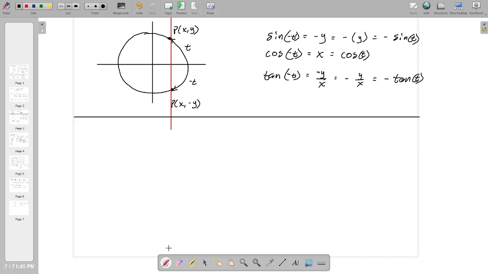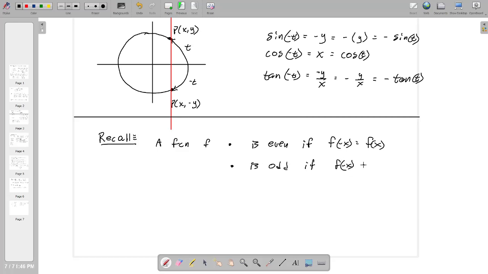Now let's formalize which functions are even and odd. First, we need to recall what even and odd functions are. So recall that a function f is even if f of negative x is equal to f of x, and is odd if f of negative x is equal to negative f of x.